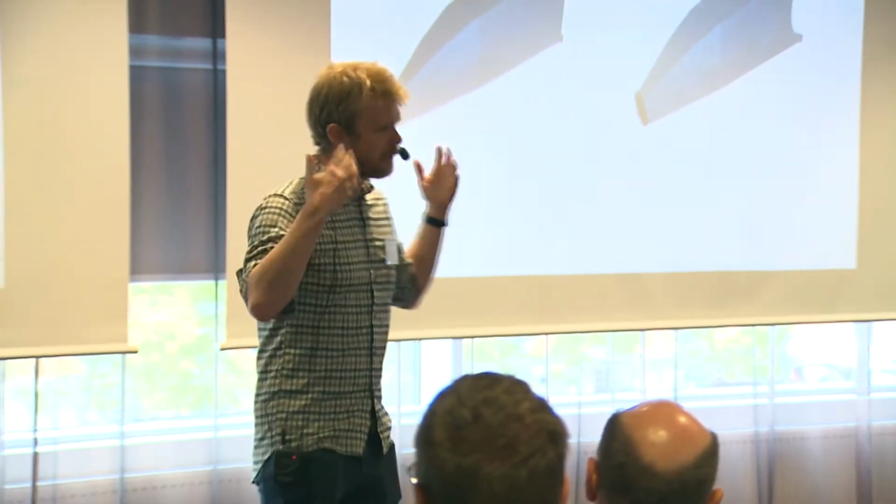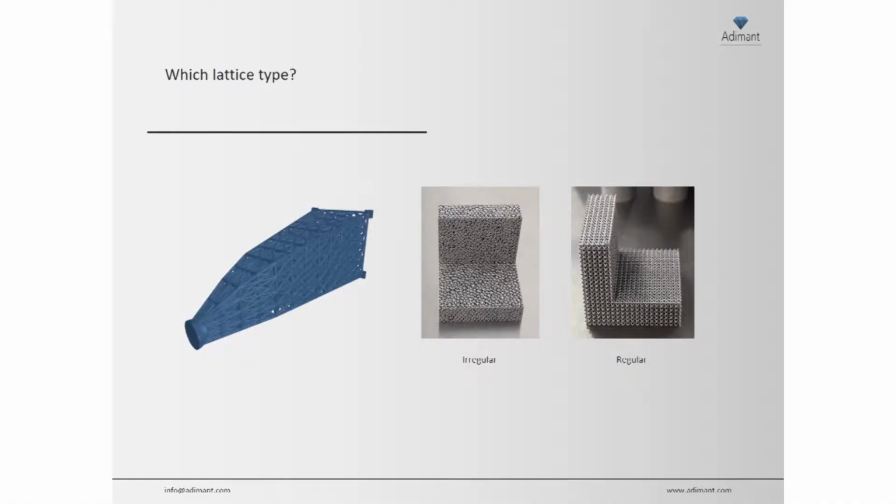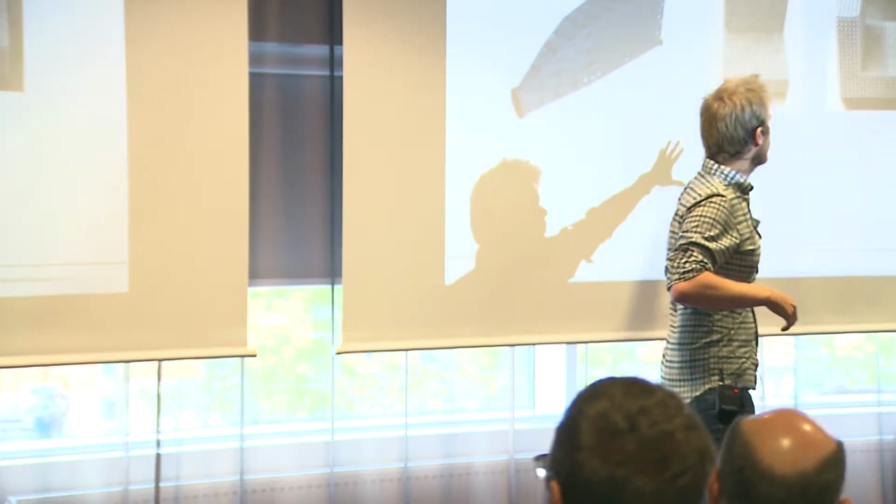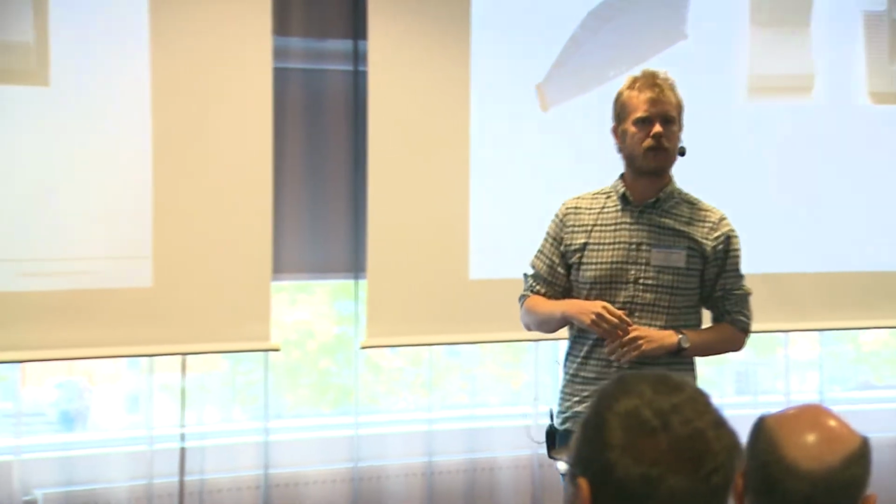But let's keep this thought for a while and try to discuss a little bit about lattice structures and how we can use them. So the first question you may have is, what type of lattice should I ask for? Typically you can choose if you want some totally random lattice structure like this one, or you want a regular lattice structure.